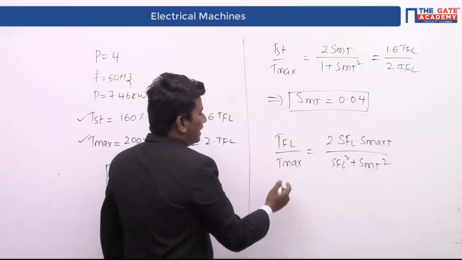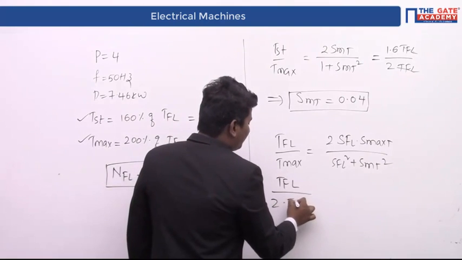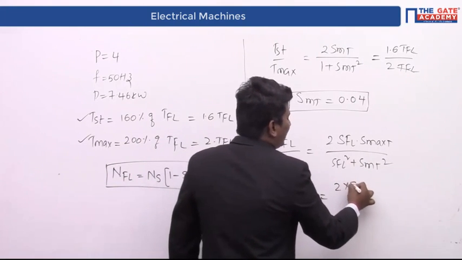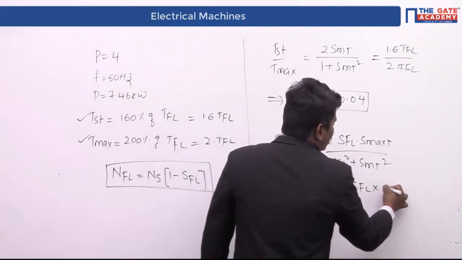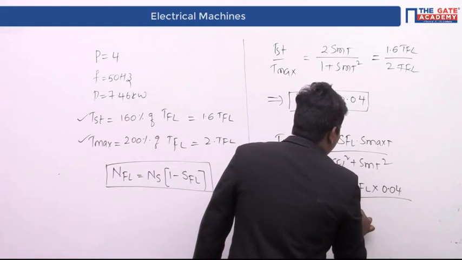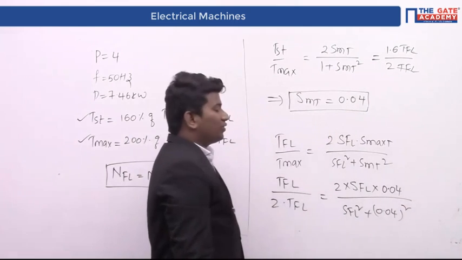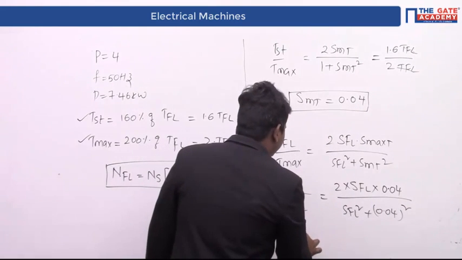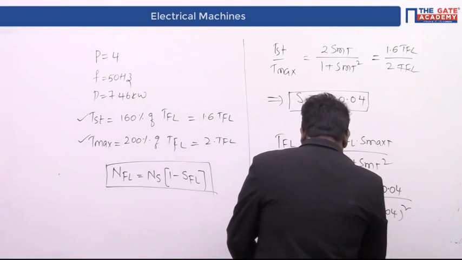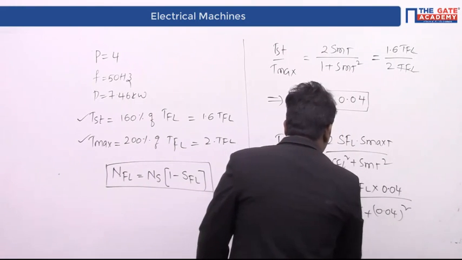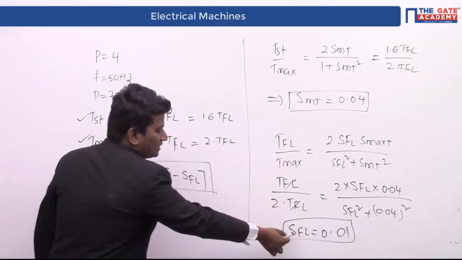TFL is full load torque, T maximum is equal to 2 times the full load torque. 2 into, I don't know what is SFL, but I know the slip corresponding to the maximum torque, 0.04, divided by SFL square plus 0.04 whole square. So from this, what is your SFL? SFL is equal to 0.01. Therefore, substitute this SFL in this.